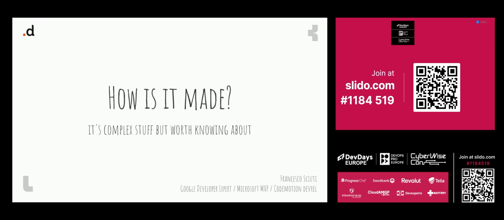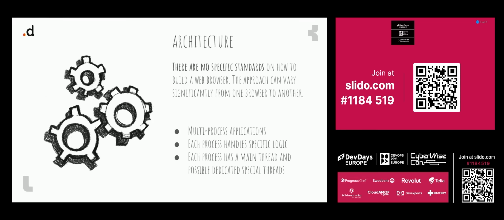So we can try to dive into how it's built and look a bit into its architecture. Currently there is no standard architecture or specification to build a browser, and approaches can change from one to another.